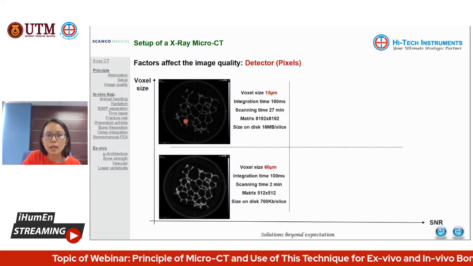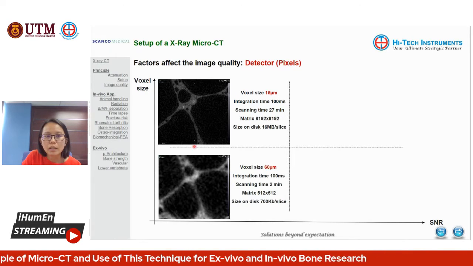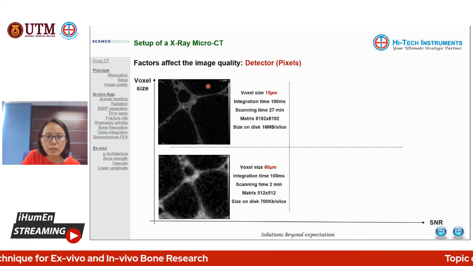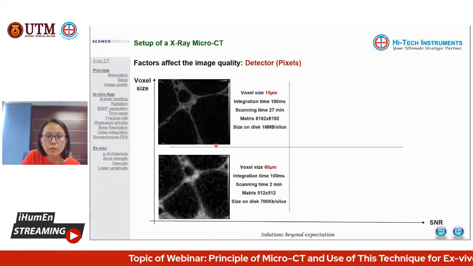But the issue comes in when you further magnify it. You can see here the one that you capture with a voxel size of 50 and an image matrix of 8K by 8K, you can still see the details very well, except that there is some noise in the background.